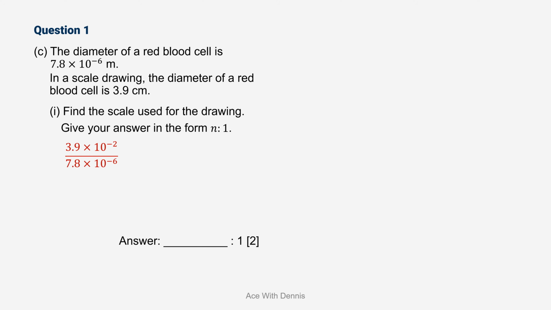Hence, for this case, the diameter of the red blood cell is 3.9 centimeters on the drawing and then divided by the actual diameter of the red blood cell, which is 7.8 times 10 to the power of -6. Then we simplify this ratio, we get 3.9 divided by 7.8, then times 10 to the power of -2 minus -6. We'll get 0.5 times 10 to the power 4 to 1 or 5000 to 1. Hence, 5000 will be the answer.